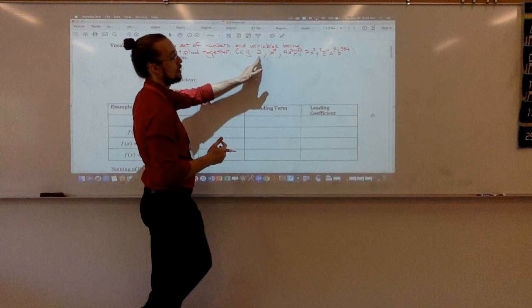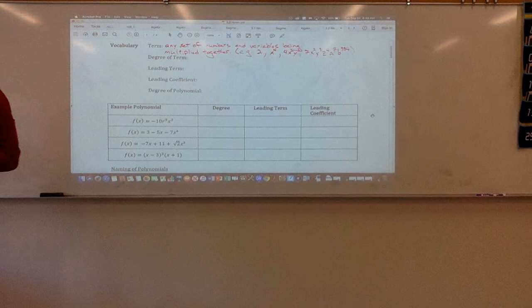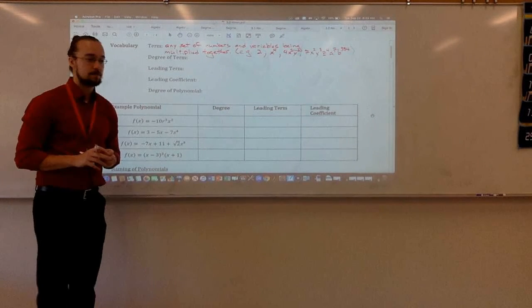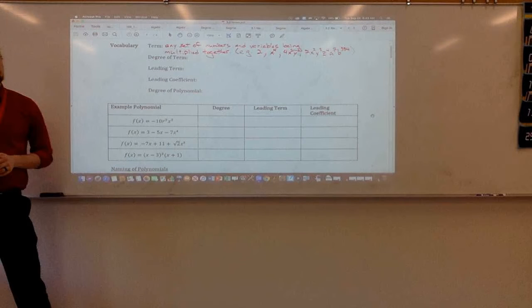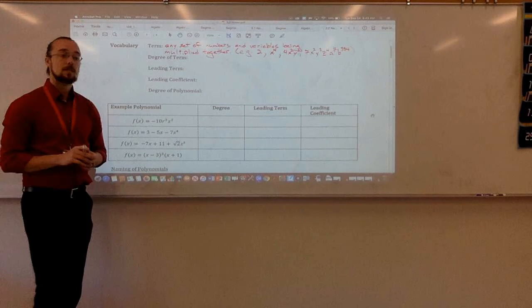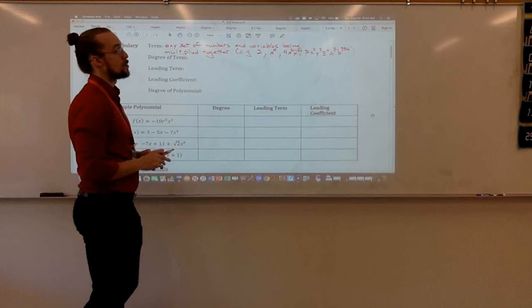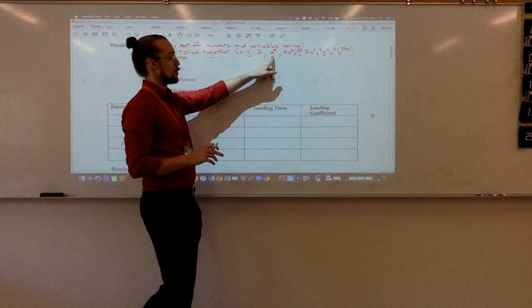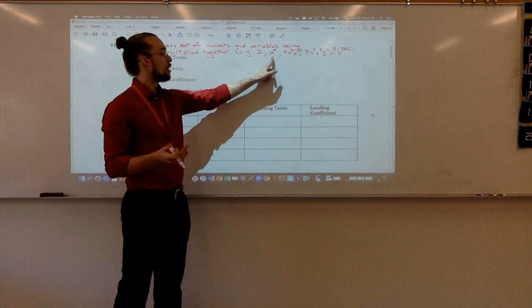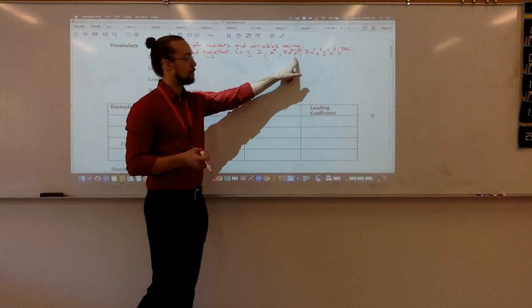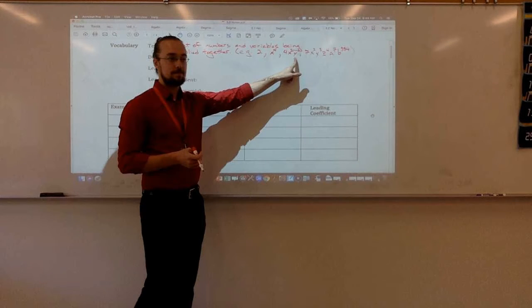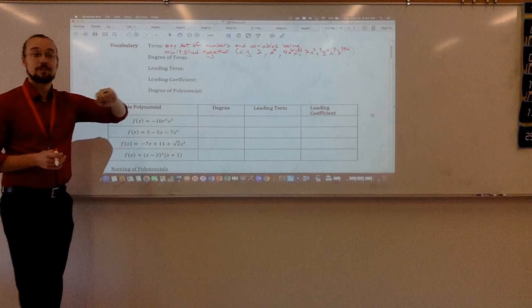How do we define the degree of a term? Anybody remember this? Is that the squared or cubed? Yeah. So what would be the degree of this? 4. How about the degree of this term? 5, right?